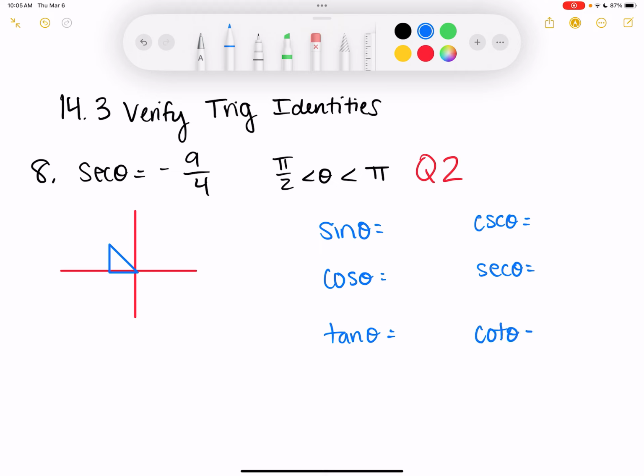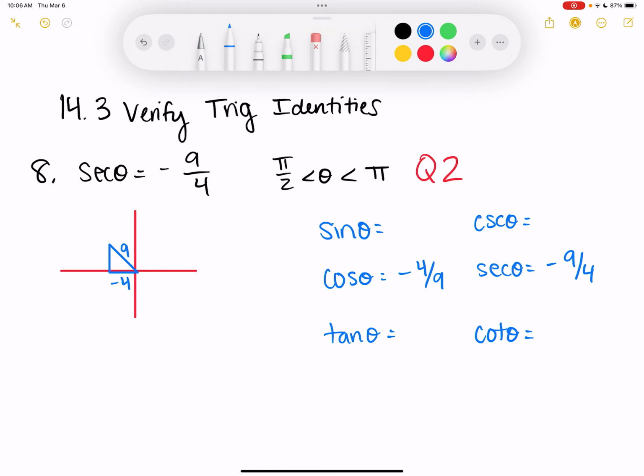All right, so I know that secant is negative 9/4, so what does that mean cosine has to be? Negative 4/9. So cosine is something I am very familiar with working with. So now where do these numbers go? Adjacent over hypotenuse, so negative 4, and the hypotenuse is 9. Yep, so hypotenuse always has to be positive.